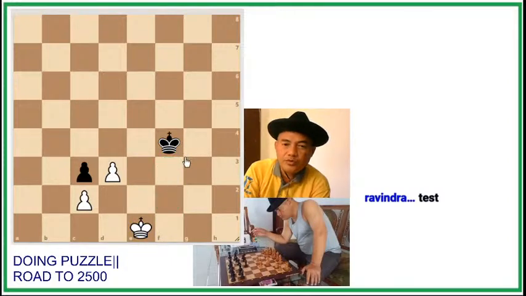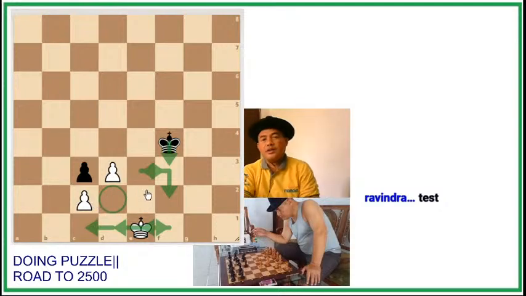If it is black to move, then black will get here and get the opposition, because white has to leave this square. He has to go again here, and black will go here. If he goes here, then black will go here. If he goes here, then black will get the opposition.